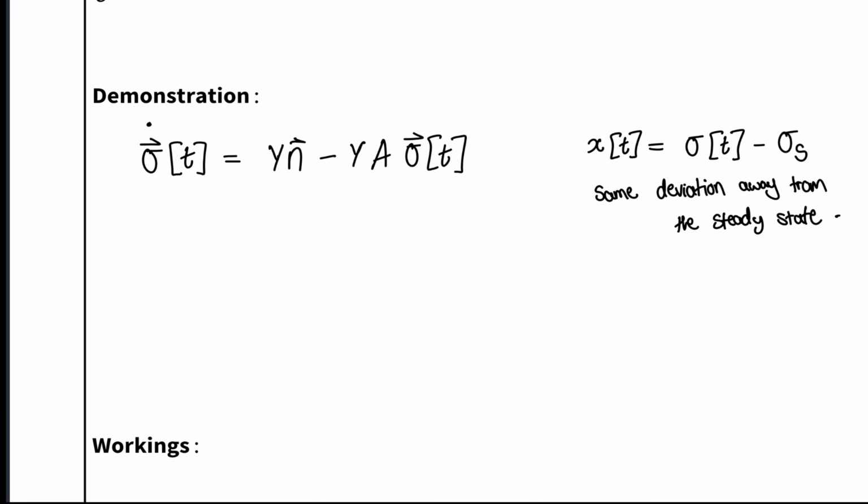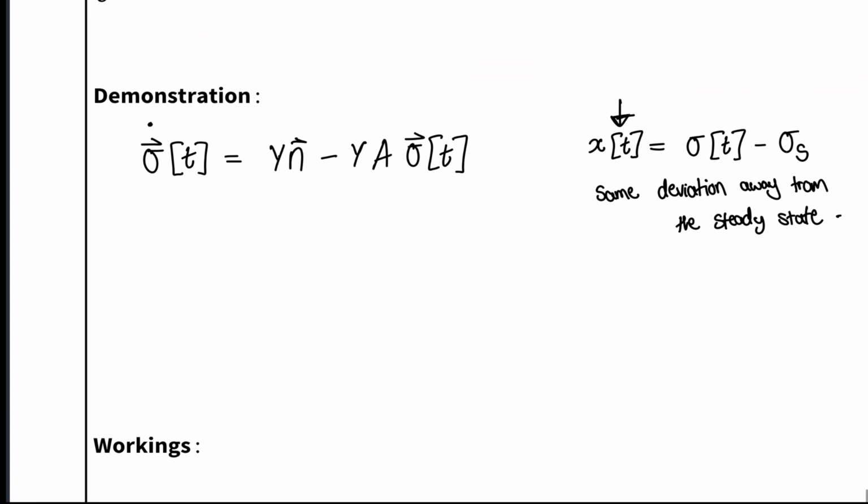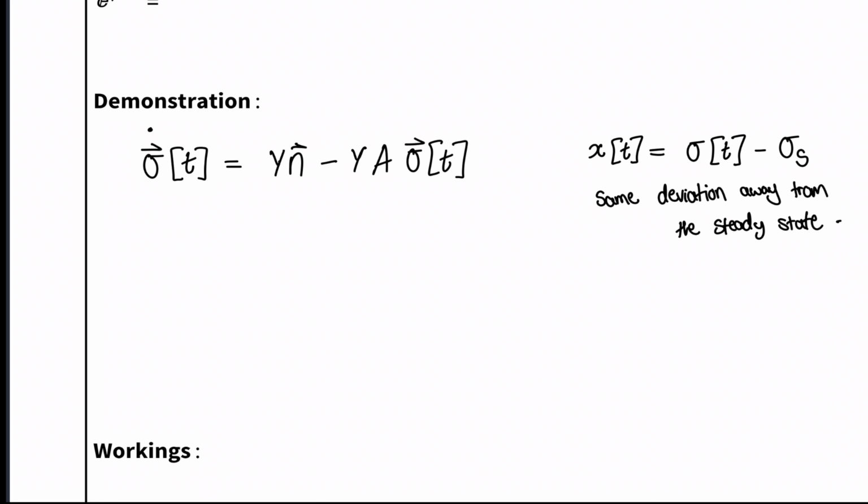So what I now need to do is substitute this new function into this previous function. In order to do that, I need to first differentiate this function with respect to t in order to substitute it into here. When I do that, I get x dot t.